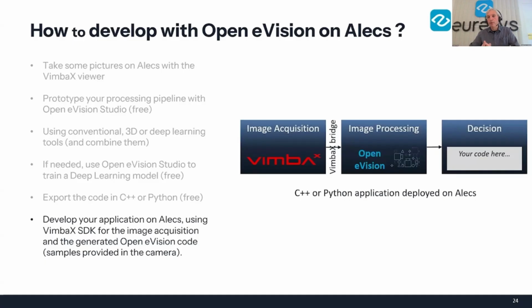And the third part is probably to code the decision. So check the dimension or check the results of the defect detection. So you have to put your decision code at the end. We provide with Alex a set of samples to demonstrate and help you to build that kind of application. On Alex, of course, you can use C++ or Python applications using the same principles.